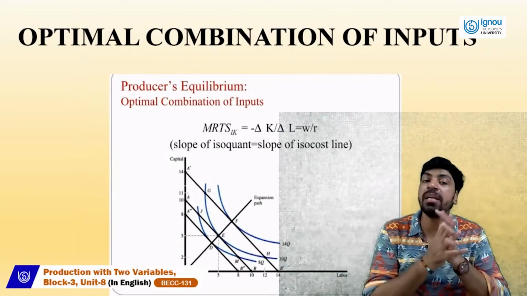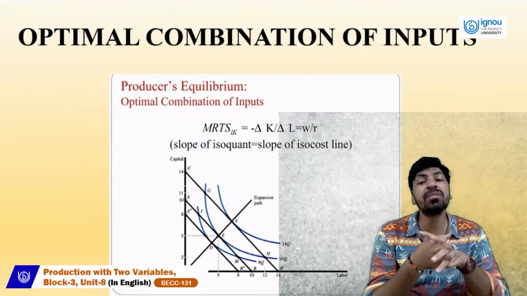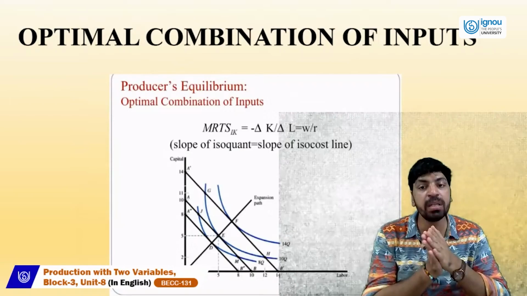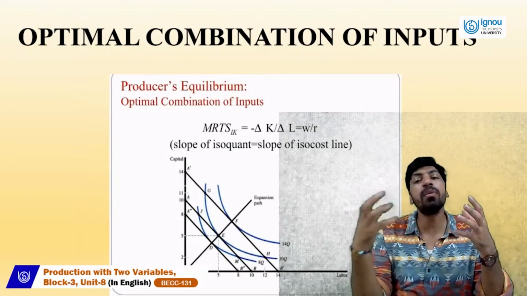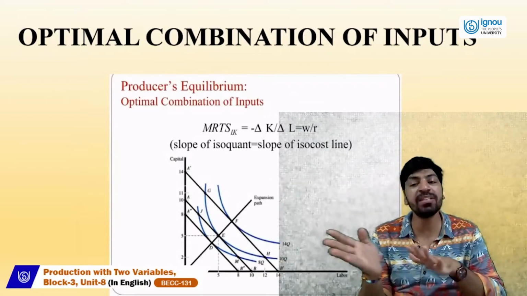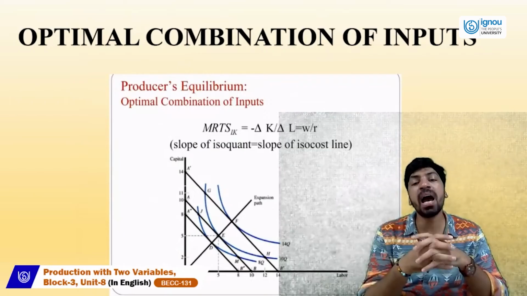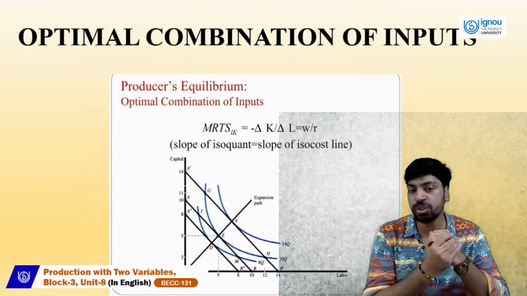Under the marginal rate of technical substitution, the slope of the isoquant and the slope of the isocost line become equal. So when both are equal, the slope of the isocost line, where W stands for wages and R stands for interest, W by R, also equals the marginal rate of technical substitution.